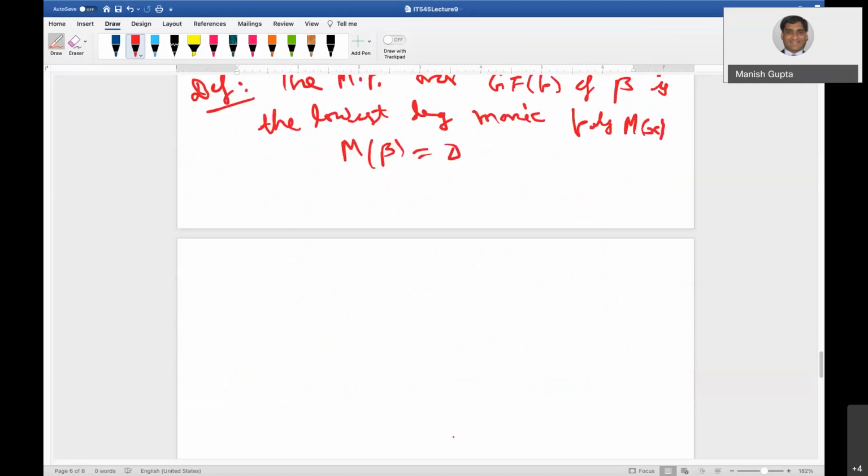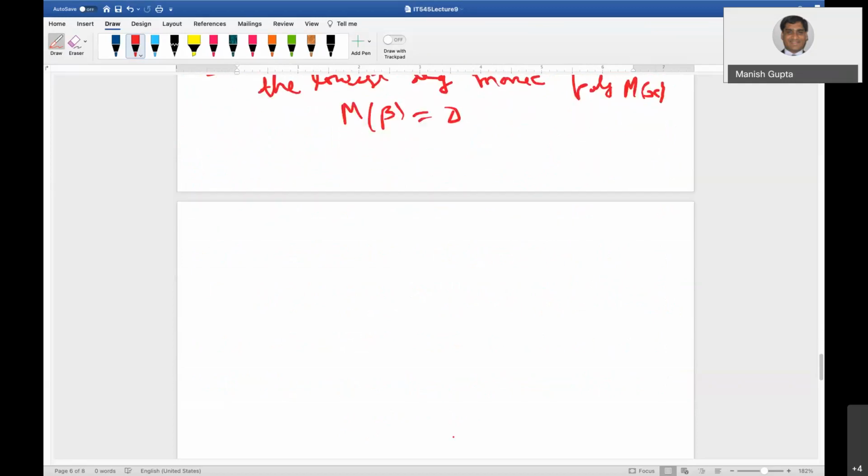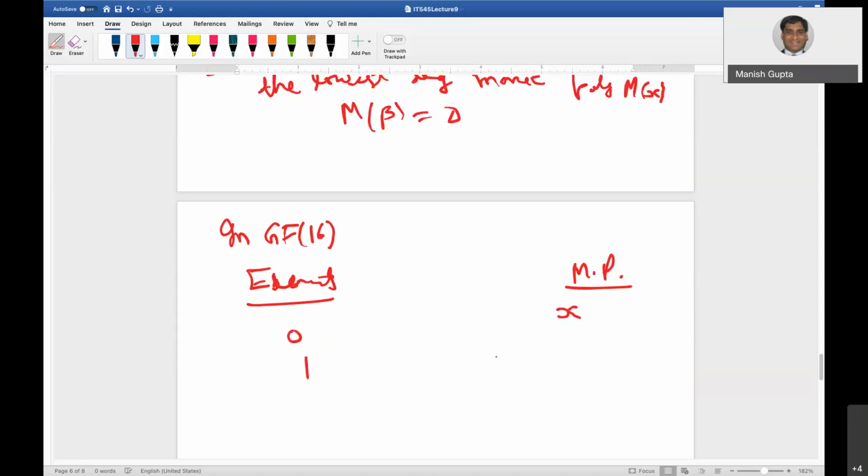So I think I can mention few facts without proofs, but later on I will show you few things here. In GF16, if you write down the elements and minimal polynomials, I can make a table here. 0, minimal polynomial is x. 1, minimal polynomial is x plus 1. Alpha, minimal polynomial is x raised to power 4 plus x plus 1.